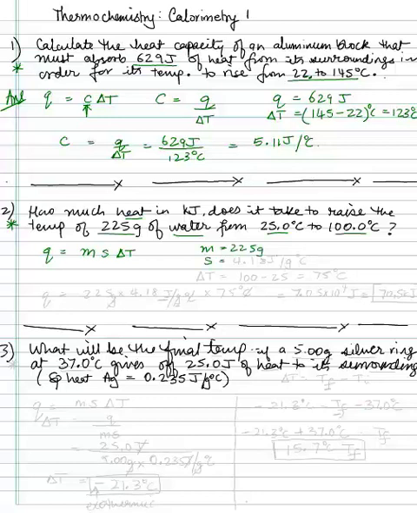Specific heat of water that you can find from the textbook is 4.18 joules per gram per degree Celsius, and the delta T is going to be 100 minus 25, which is 75 degrees Celsius. So that's our data. All we have to do then is plug that into our formula: mass 225 grams times 4.18 joules per gram per degree Celsius, times 75 degrees Celsius.